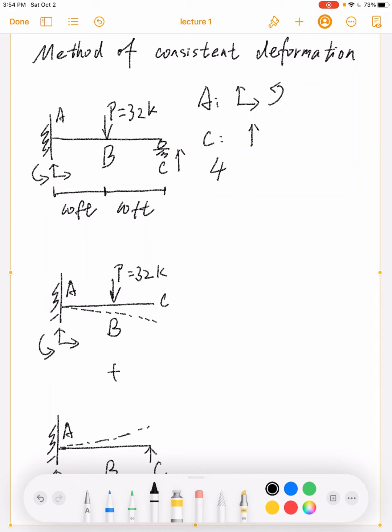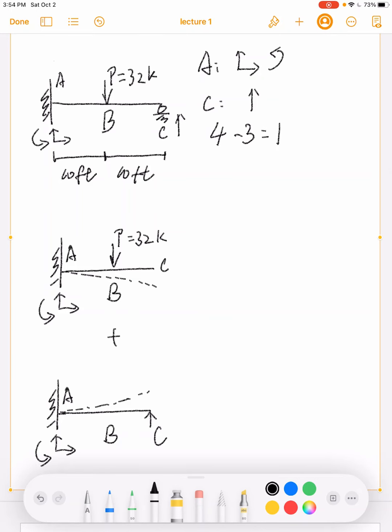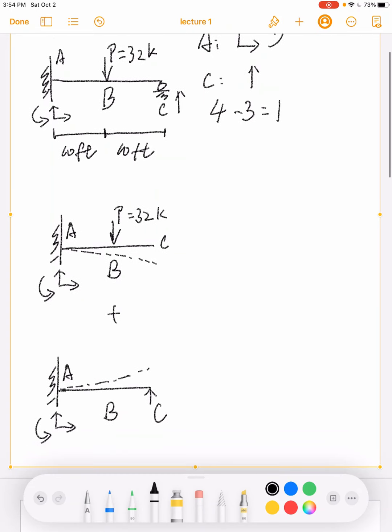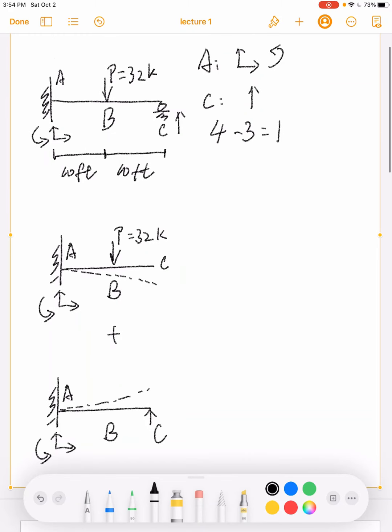The total number of reactions or unknowns is 4, but we can only write 3 equilibrium equations, so there is 1 redundant reaction. Let's assume this one redundant reaction is from point C. Based on the superposition law, the indeterminate beam we have here equals situation 1 plus situation 2.